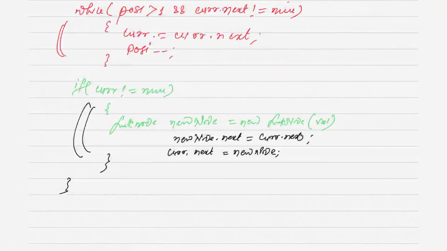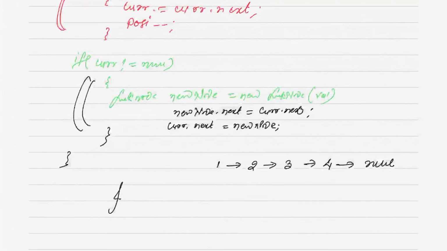Okay, so let us see one more example of how it is going to work. Suppose you have given 1, 2, 3, 4 and null, right? Initially I say okay, insert at position 2 and value 6. So I created one current here.